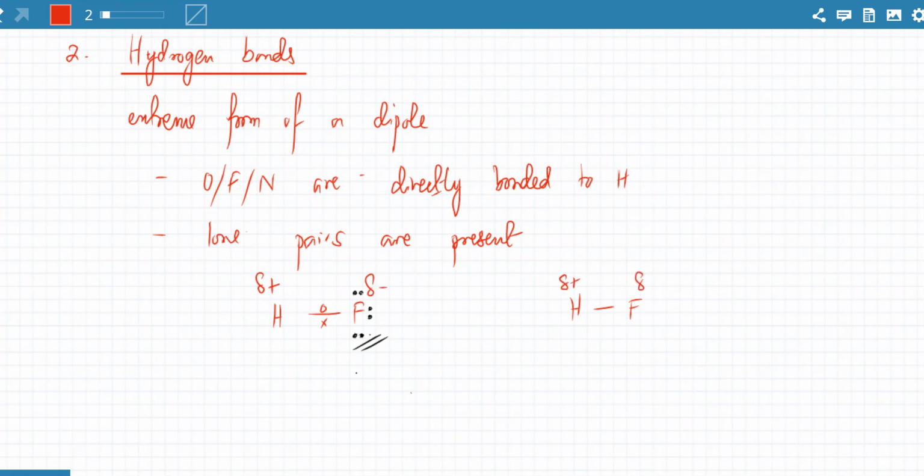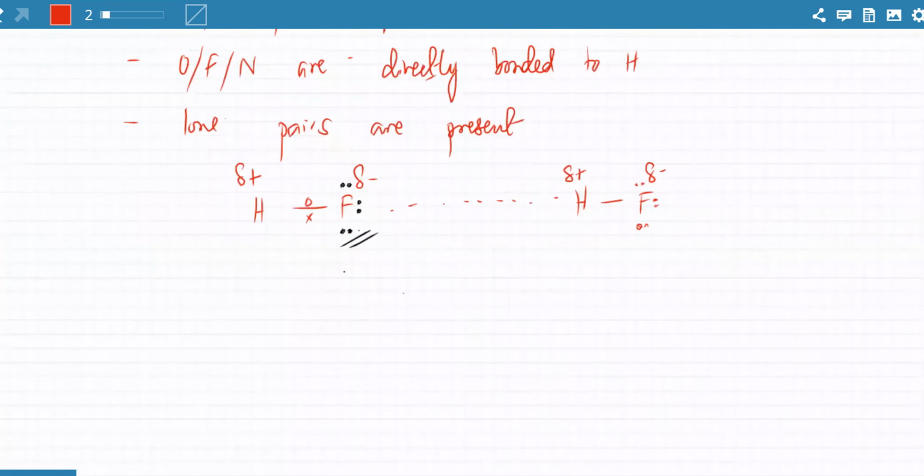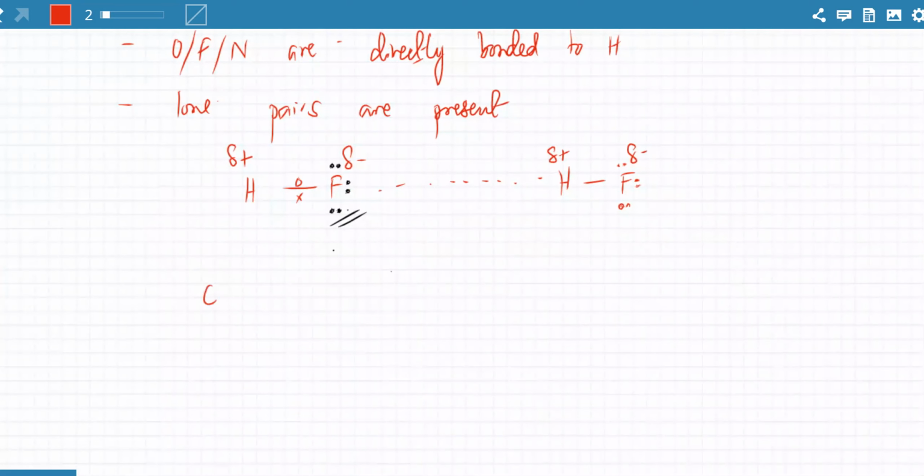There's going to be another F with its lone pairs, and they would be attracting each other, but the force of attraction would be very strong. So that is hydrogen bonds. Whenever you see in a molecule OH, N with H, or F with H, then there's a bright chance that there is hydrogen bonding going on.